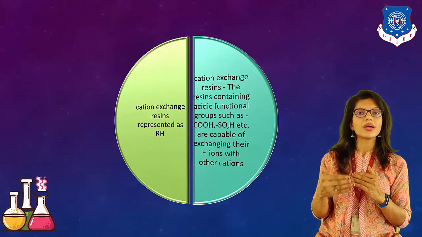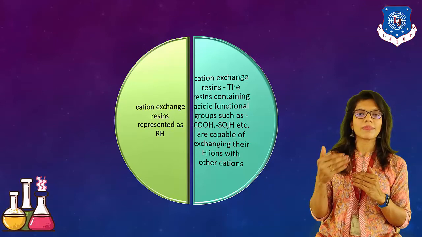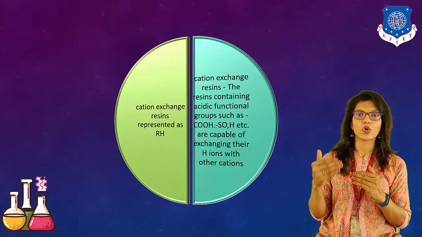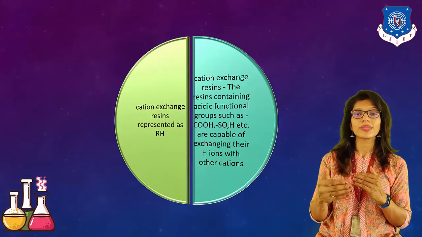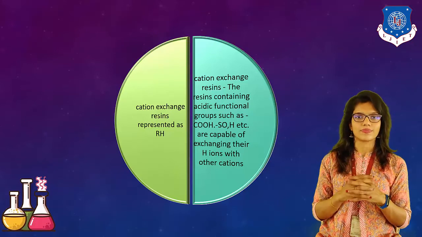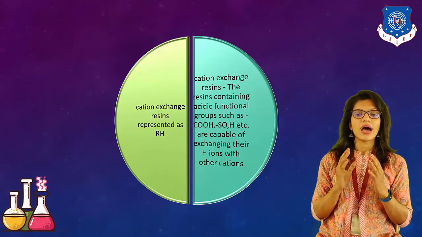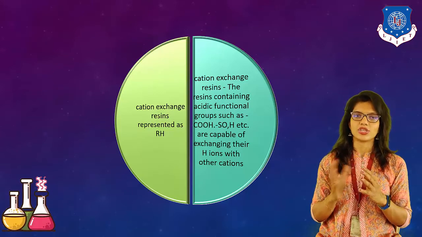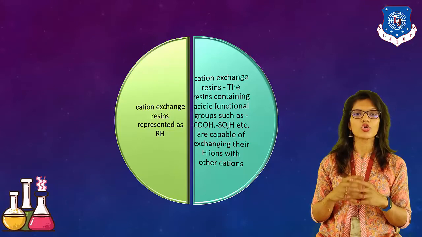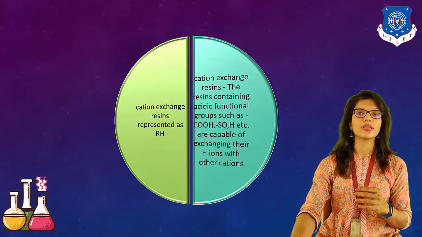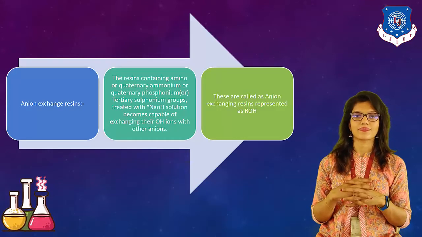In that manner, we can remove calcium and magnesium, the hardness causing ions, from the water. Generally, the cation exchange resins are represented as RH. R can be any common group and H is very general in cation exchangers.